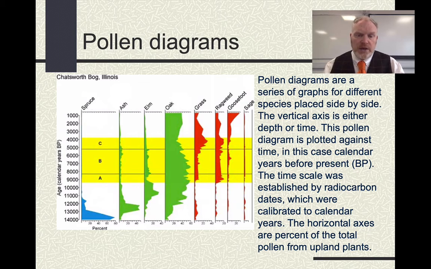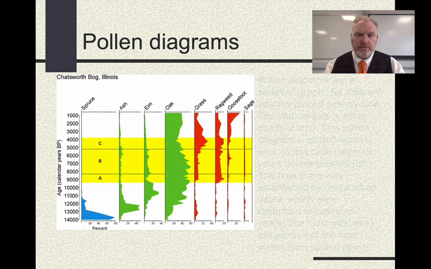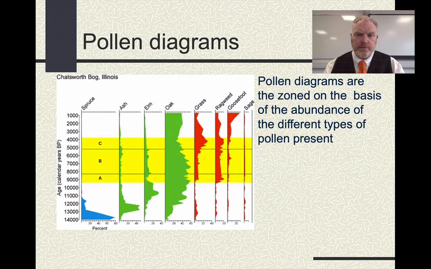Now, the way that we then go about interpreting this is to split it up a little. We define what we call pollen zones. A pollen zone is a horizontal line that divides this diagram up into periods of time where we have different vegetation communities.